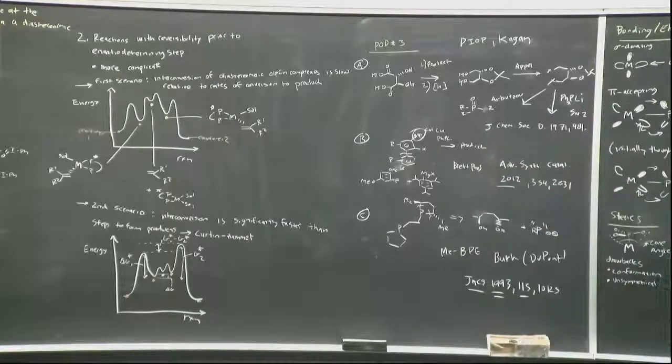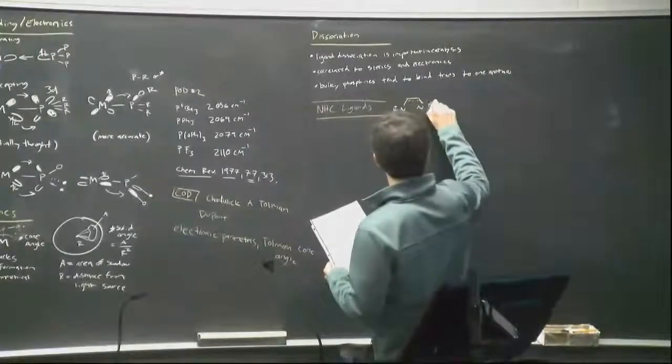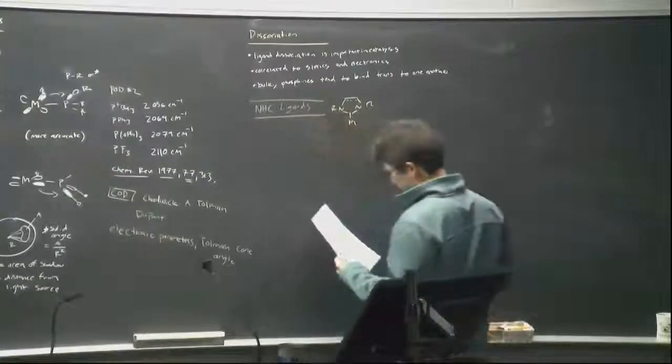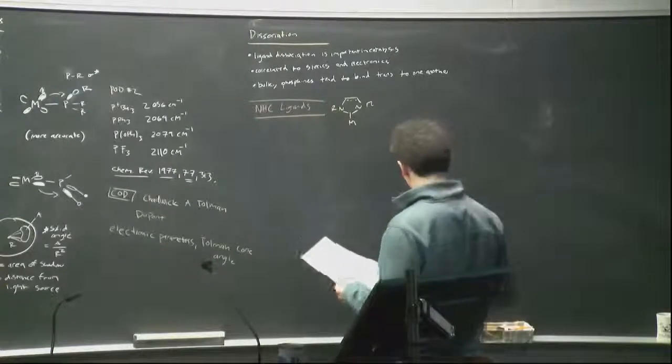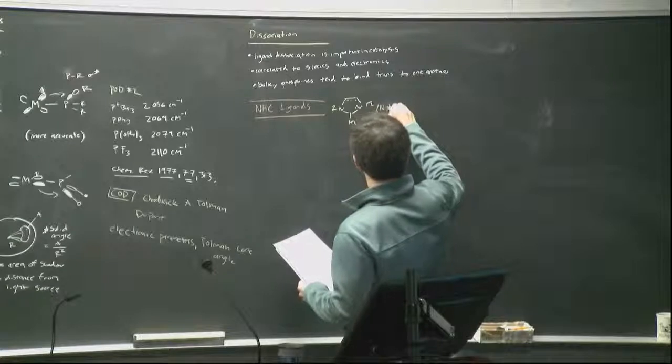Okay. So with the last, if you indulge me for another minute or two, I'll just make a couple comments about carbenes. We're out of time. So carbenes, in general, the ones that are going to... these are by far the most common in catalysis.